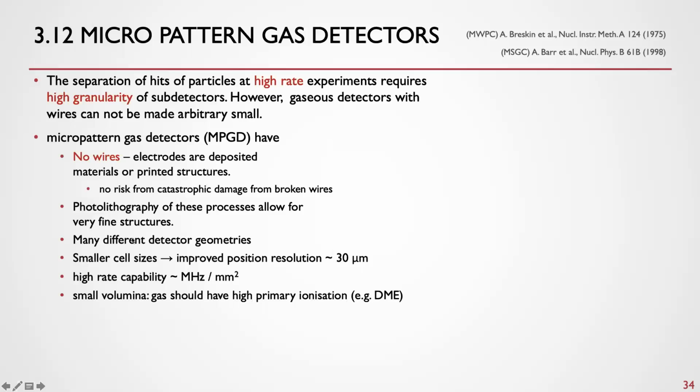The rate capability in turn is very high. We talk about megahertz per square millimeter instead of, for example, kilohertz. So one can move those detectors much closer at the same rate, or one can simply have fewer of those and tolerate higher rates.